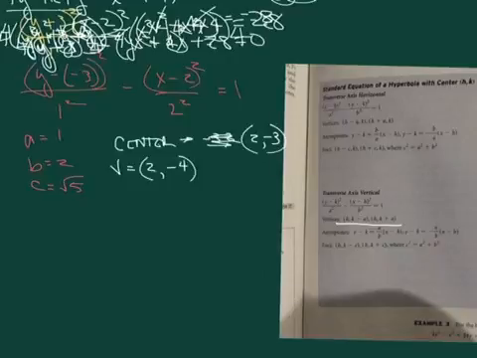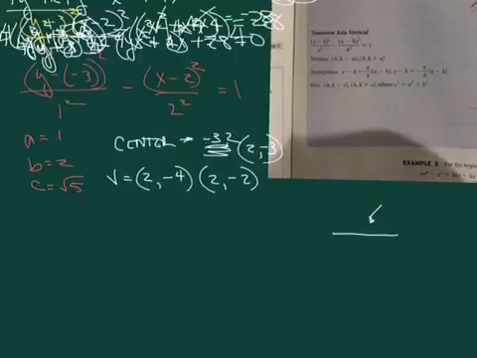That's one vertex. The other vertex also has H, and then K plus A, which is -3 plus 1, so that's going to be -2.